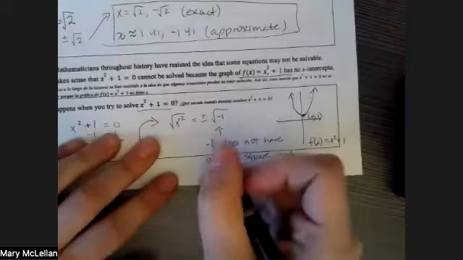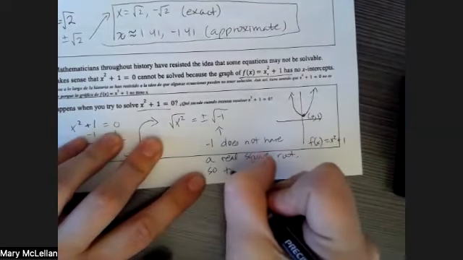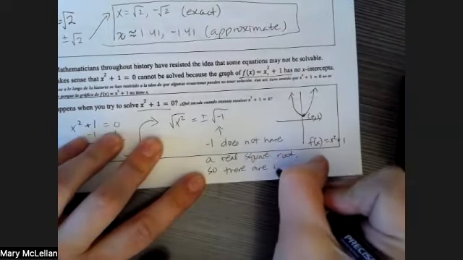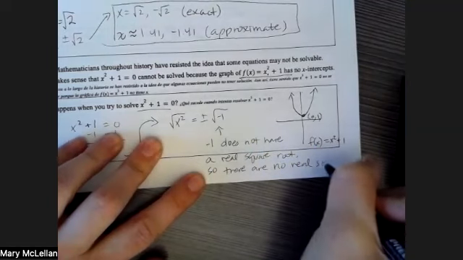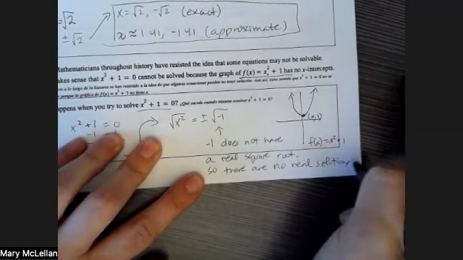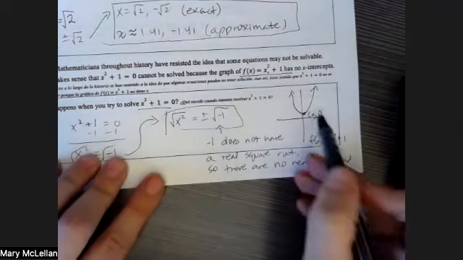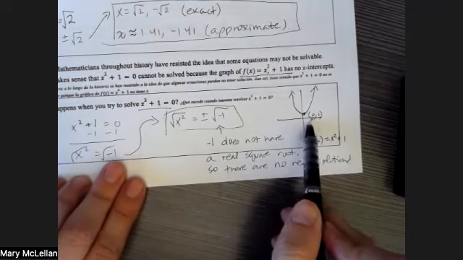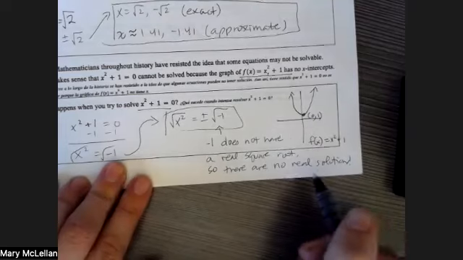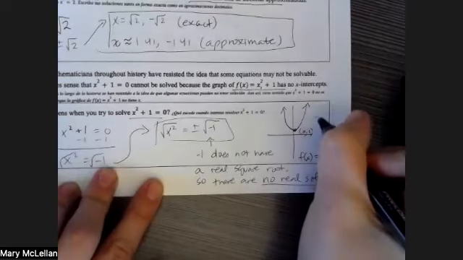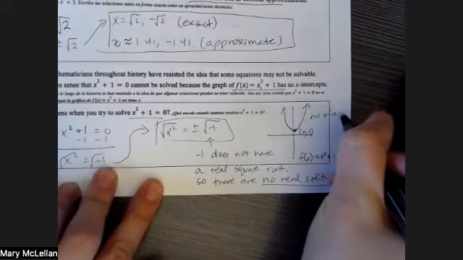So up until now, there's no solution to this. There are no real solutions, which agrees with our graph. No real solutions, no x-intercepts.